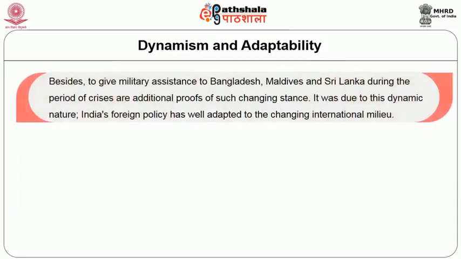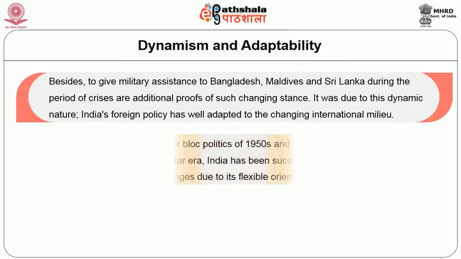Besides, giving military assistance to Bangladesh, Maldives and Sri Lanka during periods of crisis are additional proofs of such a changing stance. It was due to this dynamic nature that India's foreign policy has well adapted to the changing international milieu.